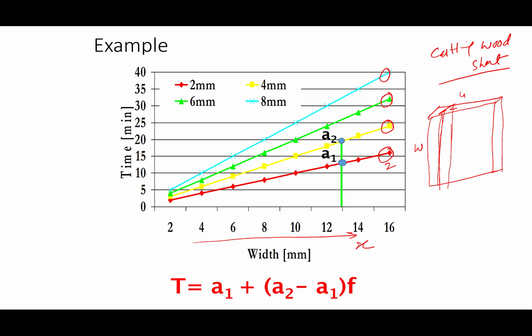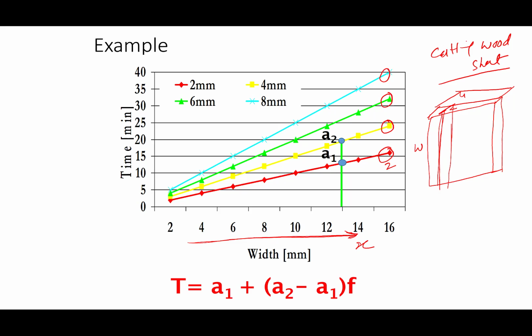The time required to cut the sheet is significantly affected by the length of the cut or width of the sheet, but at the same time it is also affected by the thickness of the sheet. Obviously, the thicker the sheet, the greater the time it will take.